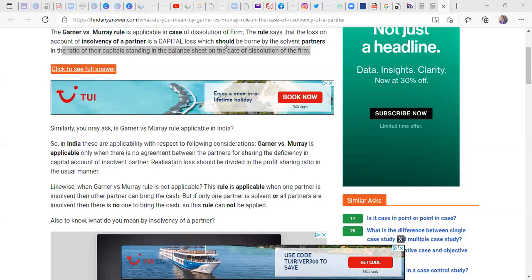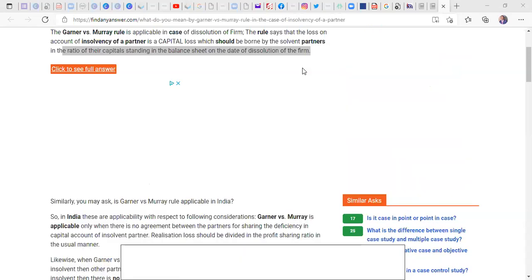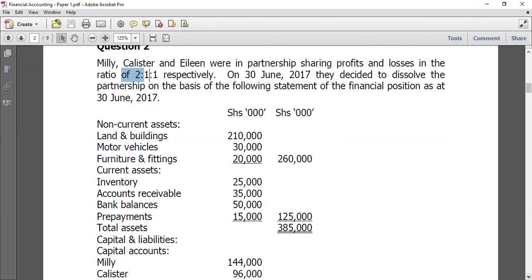Okay. So many people would go ahead to interpret this differently. But if you're to look at this question, and if you're to go by the rule, the rule is saying that we use the last capital share on the date of what?